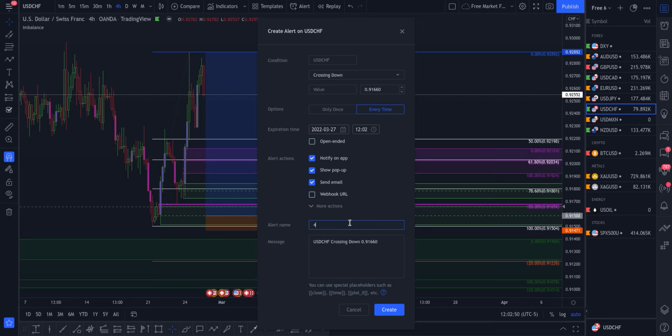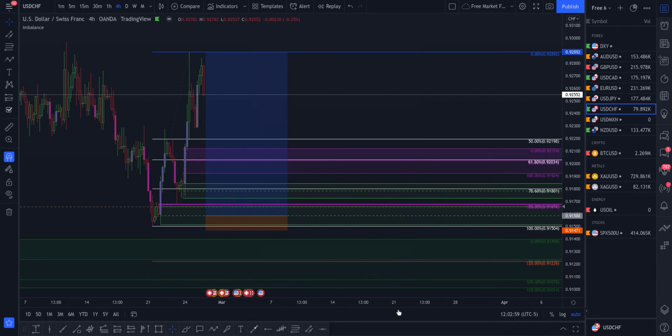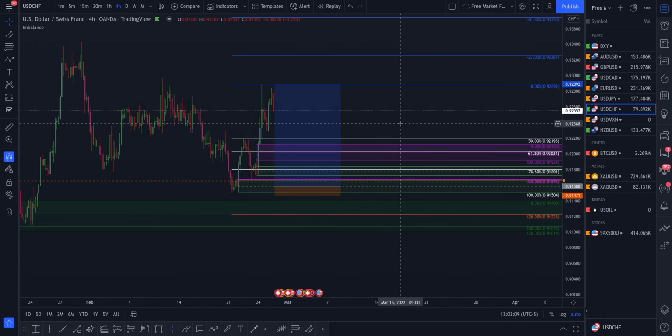Here we go, 4 hour. I don't know why caps keeps jumping off, but 4 hour demand zone. So maybe look for price from there, or to take a long from there, or for price to come into here and go long. Okay.